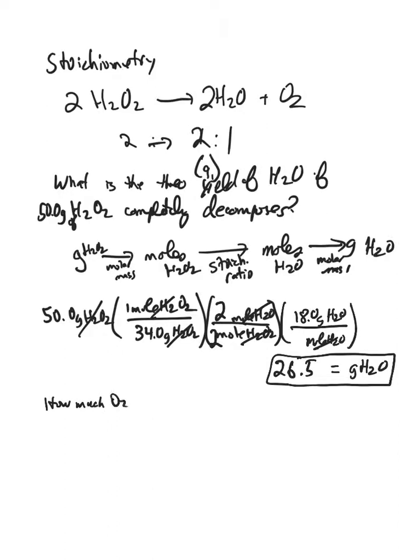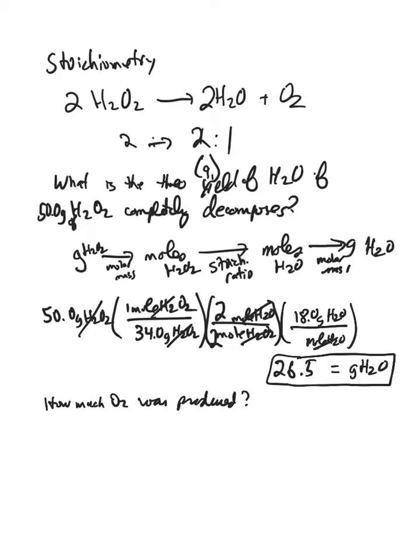How much oxygen was produced? Could be a second part of this problem. A straightforward, very quick way of doing this is remember our law of conservation of matter, in that the total grams of our reactants that are consumed has to equal total grams of product.